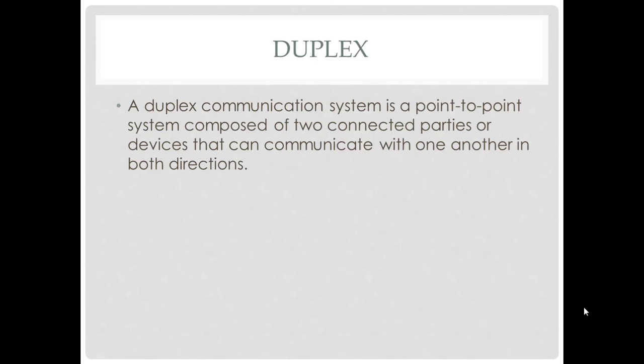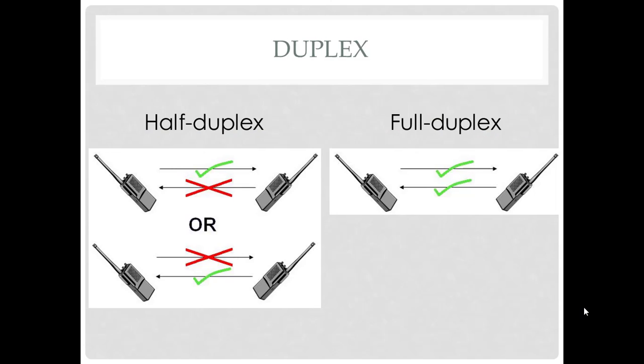A duplex communication system is a point-to-point system composed of two connected parties or devices that can communicate with one another in both directions. In a full duplex system, both parties can communicate with each other simultaneously. An example of a full duplex device is a telephone. The parties at both ends of a call can speak and be heard by the other party simultaneously.